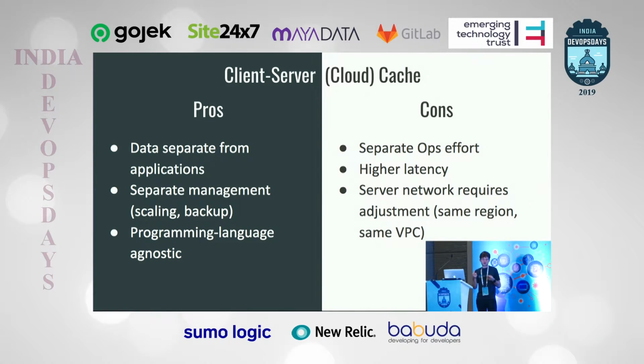But also, what we do is what is called VPC peering, so that your cache will be in the same virtual private network as your application, to avoid too many network hops. And that is important in terms of cloud, but also if you set up your own cluster server, you have to think about where to put it, and for all your applications. If your application is running in multiple regions, then you need multiple cache servers.